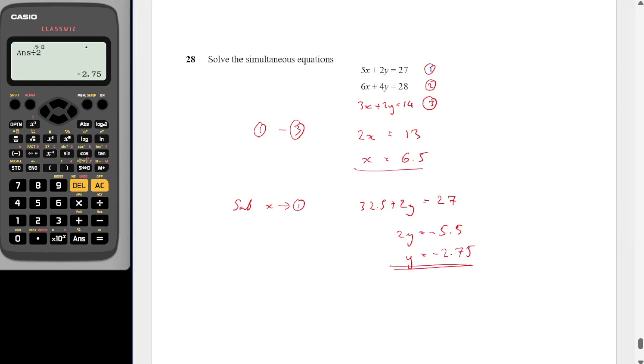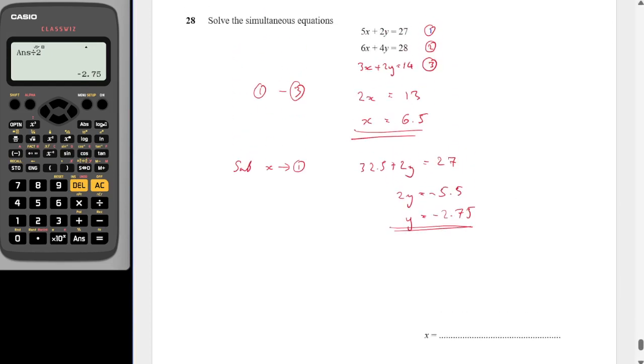It's always useful, with 3 marks at the end of the paper, when we're all tired, to do a quick check with whichever equation I didn't use. I could use equation 3 to make things slightly easier. Does 6 times 6.5 plus 4 times minus 2.75 equal 28?